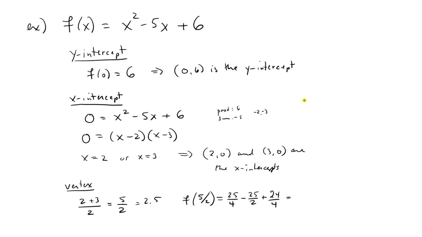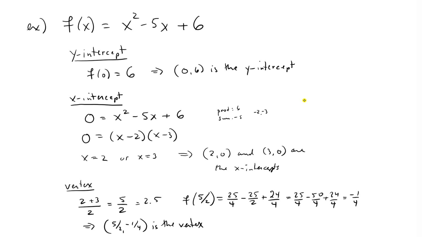So 25/4 minus 25/2, that's minus 25/4, plus 24/4. So what is that? That's minus 25 plus 24, so this is minus 1/4. Which means that our vertex is (5/2, minus 1/4).